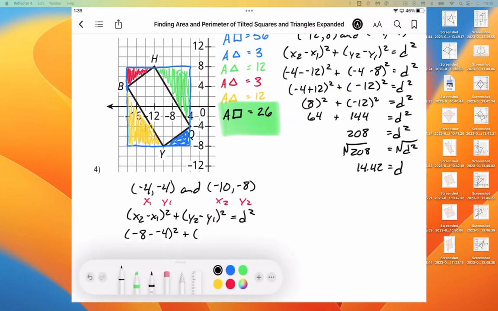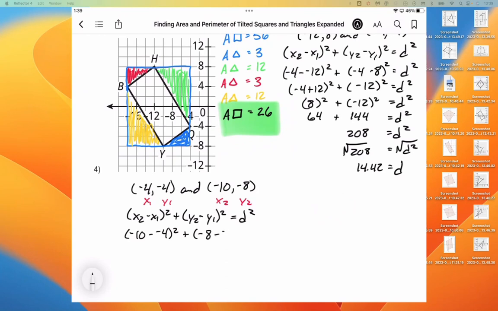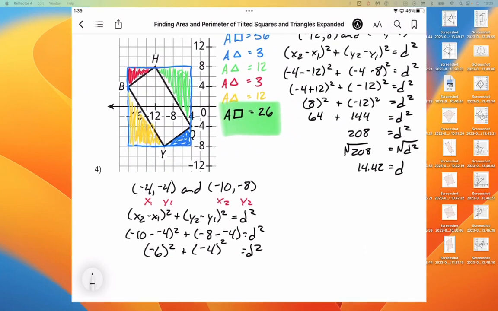I made a mistake. And so that's going to be negative 6. That's going to be negative 4. And I've got 52, d squared.